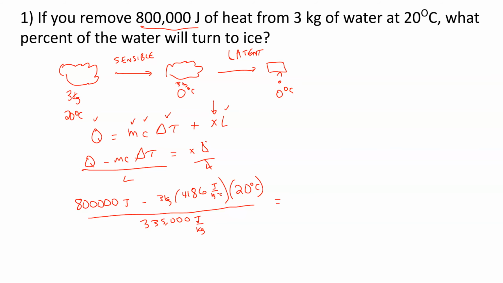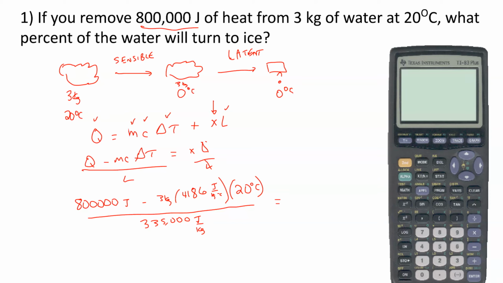Alright, that's going to give me X, and what I can do is just punch it in just like you see right there. I'm going to put some parentheses around that numerator, hold it all together. There's my 800,000 minus 3 times 4186 times 20.